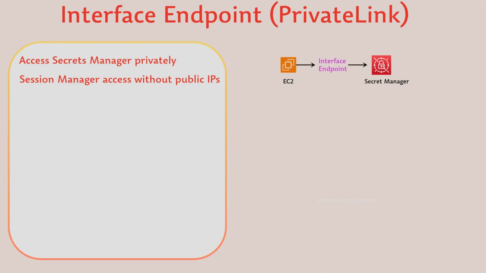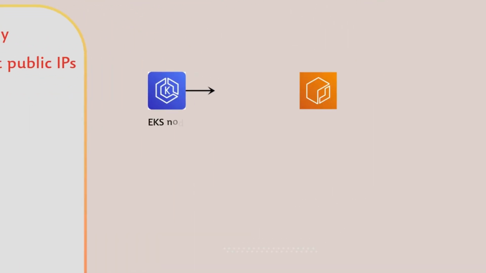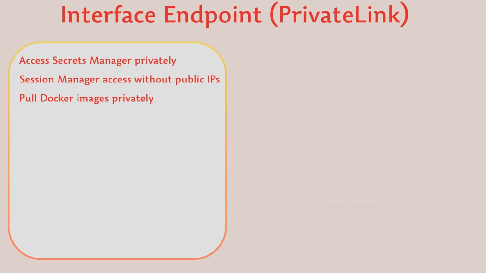Pull Docker images privately. Example, let's consider if we have an EKS node, with the interface endpoint it can go to Amazon ECR, so there is no NAT gateway required. With the interface endpoint, we can access KMS privately.